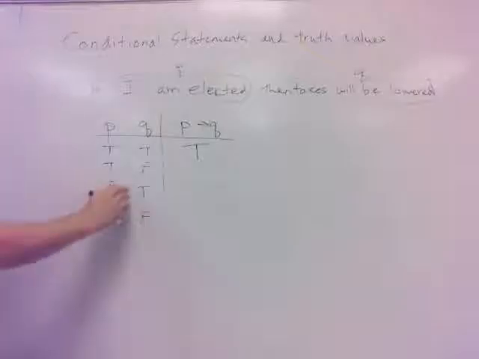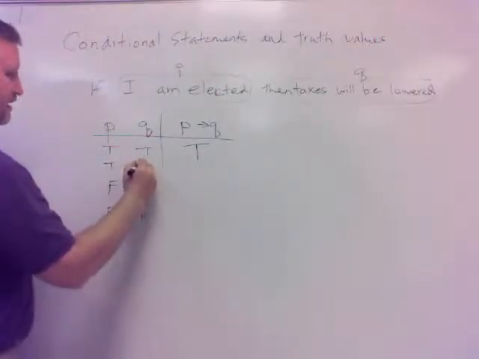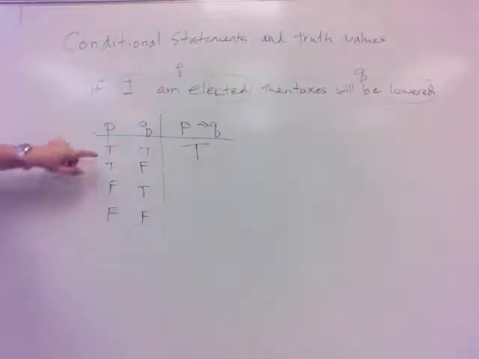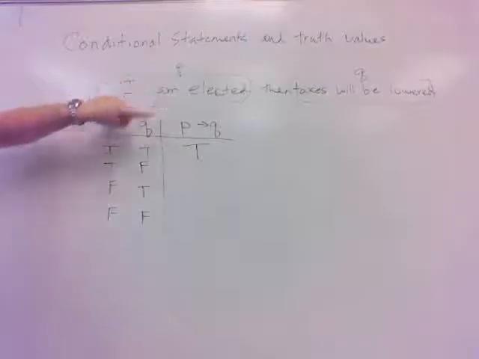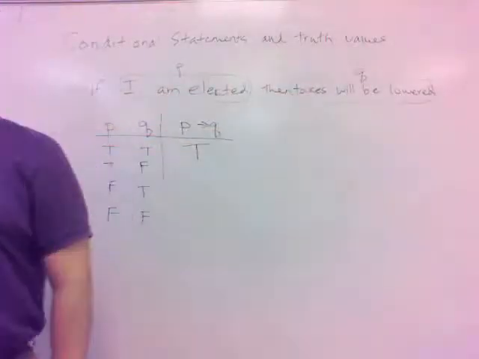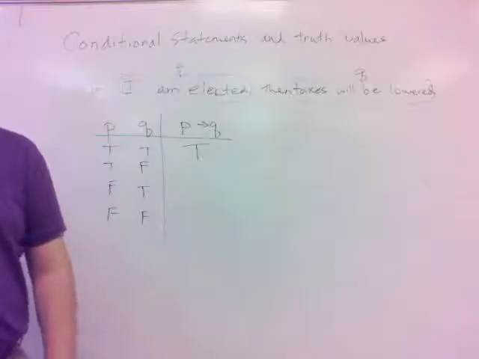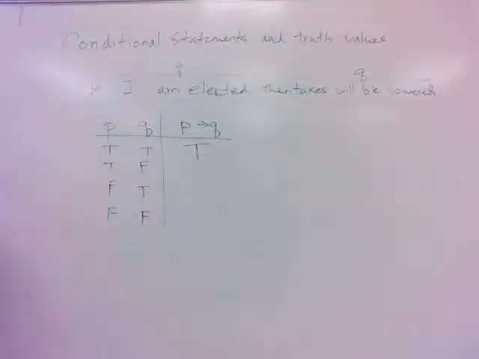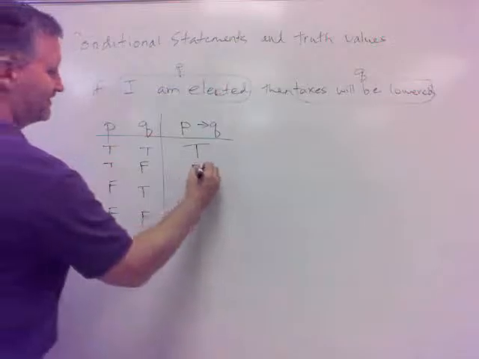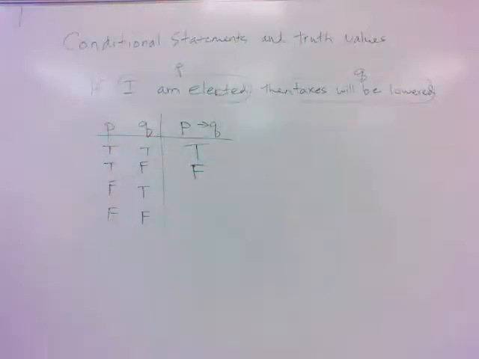Okay? Line 2, though. What do we got there? Well, line 2, true, the politician is elected, but false, taxes will be lowered. Aha! We've got them, don't we? What happened? The politician did tell a lie, didn't they? So their statement was false. Yeah, that one. So T arrow F is false.